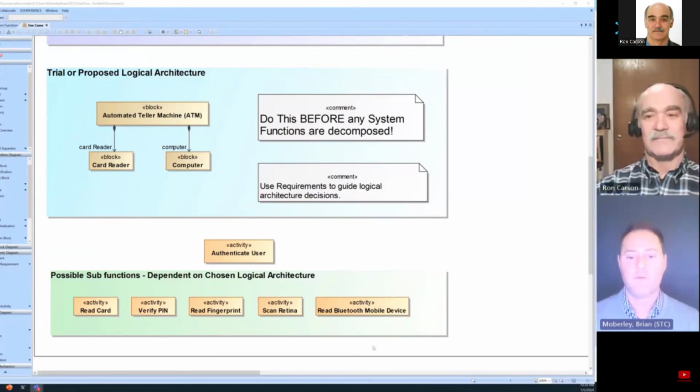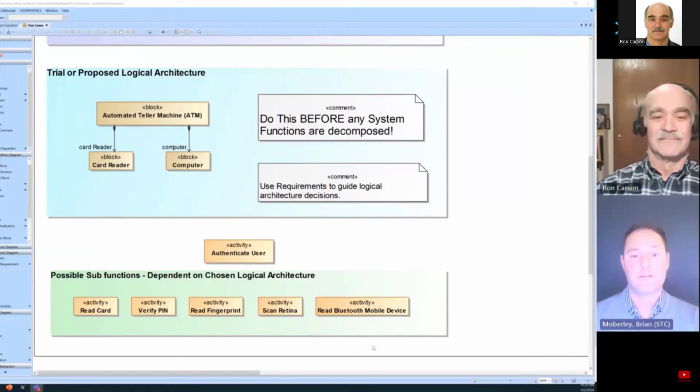So I'd like for everyone to hear your feedback on this, because I thought it was interesting how you explained to me that this is not quite right. Right. There's a couple of issues. First, the decomposition of the automated teller machine block is probably not going to be able to execute all of the functions listed above for displaying the ATM card request unless the computer also includes the display function.